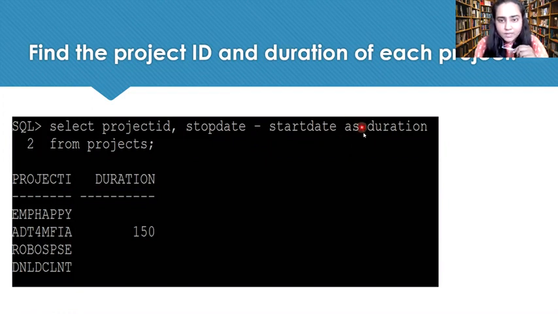So in the as keyword, when you specify a name, what happens is this column that you have calculated, which is stop date minus start date, comes here as duration. So you can see it got renamed, and this renaming is only for the time being, for as long as you're trying to specify this particular query.